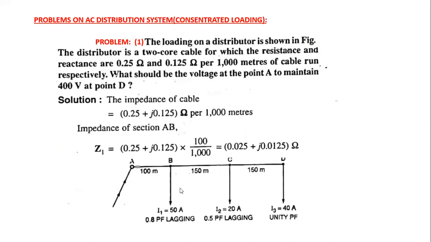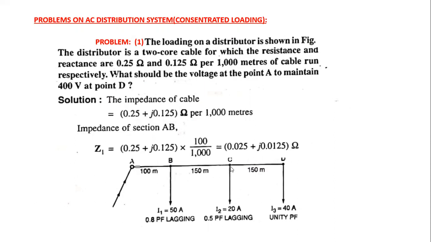While observing the figure, the distributor is fed at point A, and B, C, D are the loading points. At point B, the current I1 is 50 amperes at 0.8 power factor lagging.